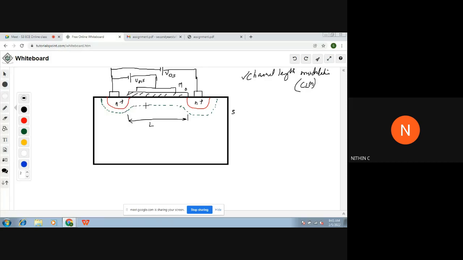So you can consider channel length modulation as a short channel effect.